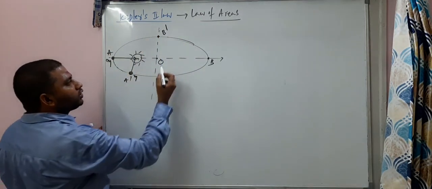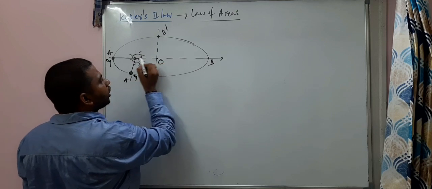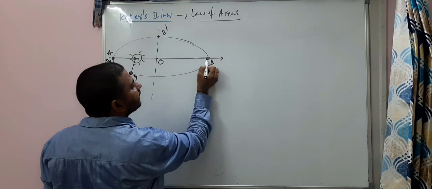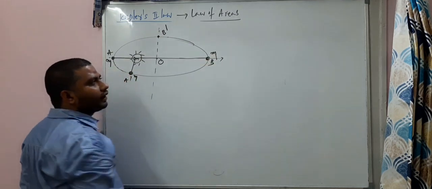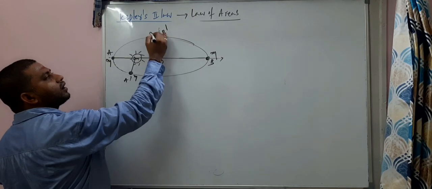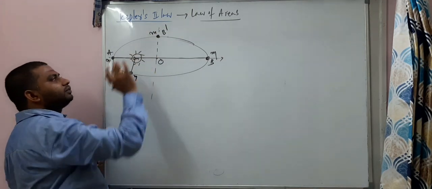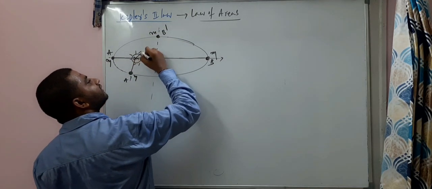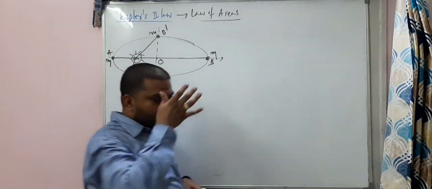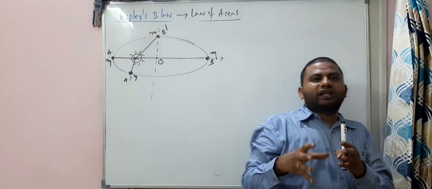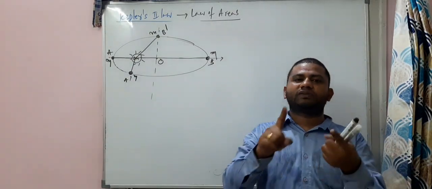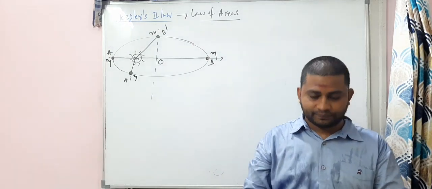So here there is a line joining the sun and the planet at point B, and in the same way, when it comes to B dash, whose mass is m, there is a line joining the sun and the planet. It's all about the line joining the planet and the sun, my dear students.